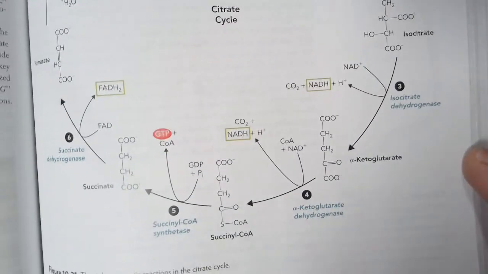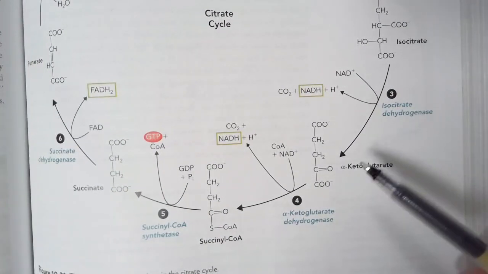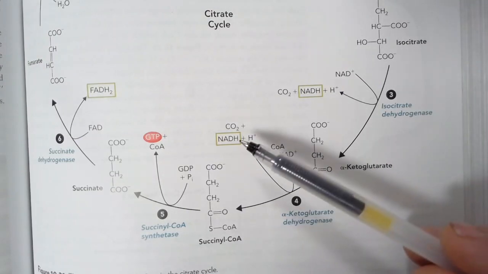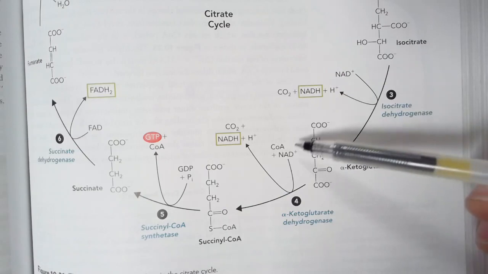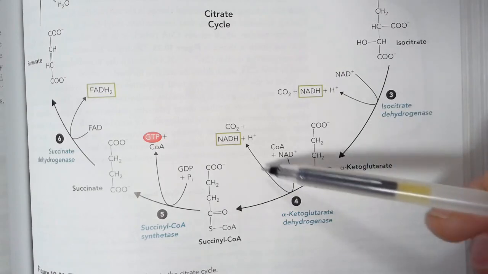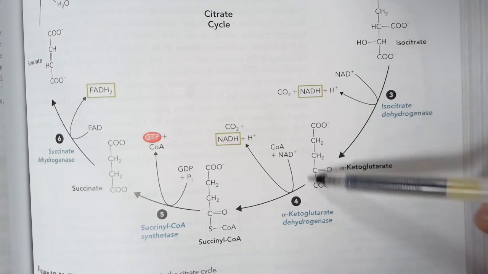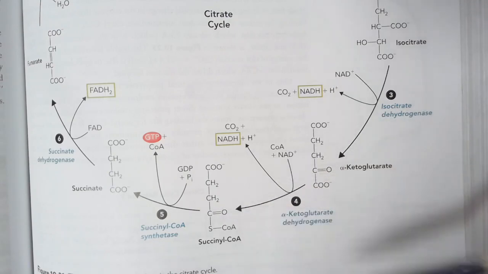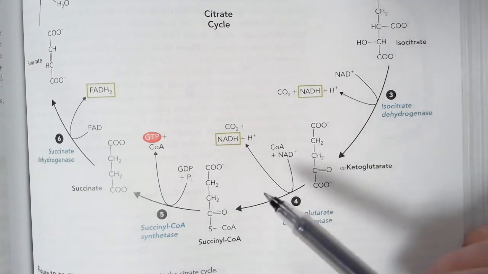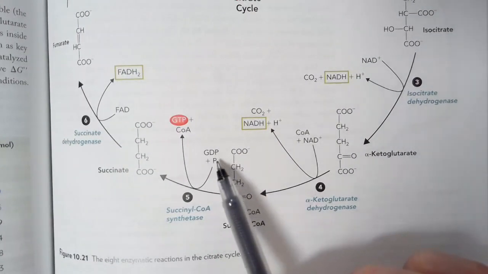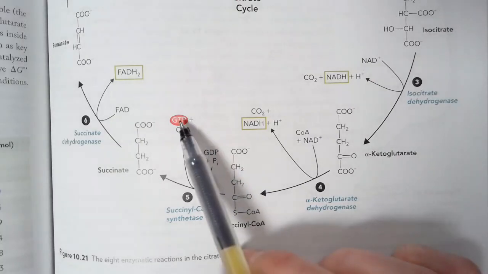Moving on to step 4 down here, where alpha-ketoglutarate gets converted into succinyl-CoA. Once again, we see NADH is produced. So NAD plus is getting reduced to NADH. Alpha-ketoglutarate is getting oxidized. And then step 5, GDP is combining with an inorganic phosphate to produce GTP.